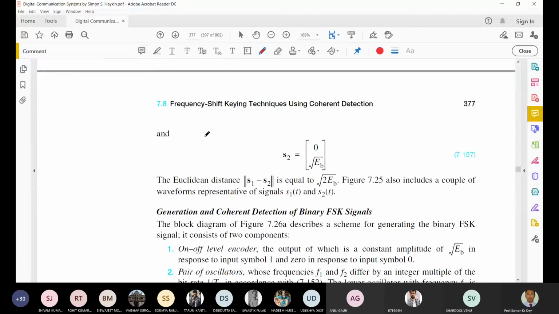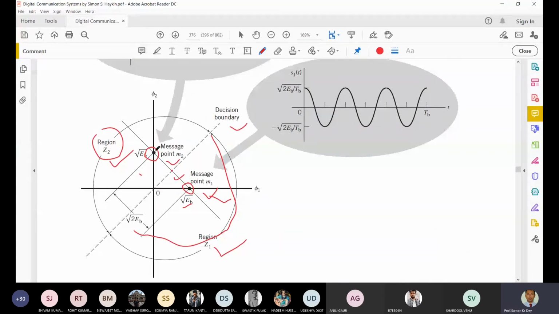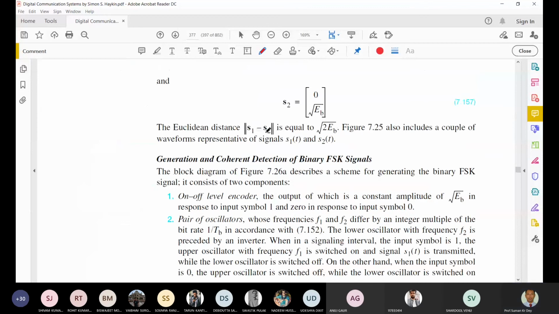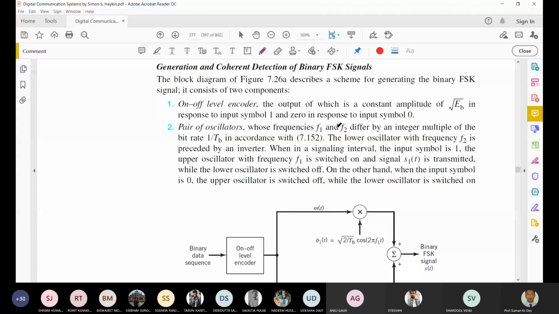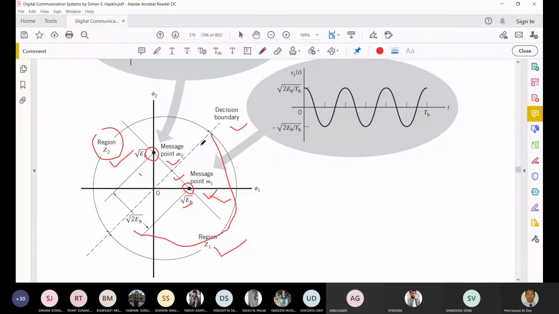Okay. So now how to calculate the equidistant distance? That means the distance between these 2 points. If we take the difference of these 2 points, it is equal to the square root of 2Eb. Yes or no? This value is equal to square root of Eb. This value is the square root of Eb. What is the value of this point?